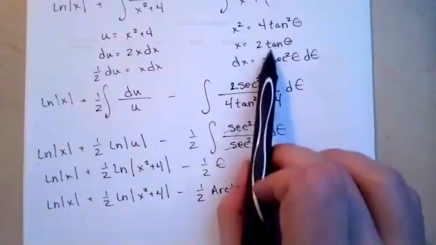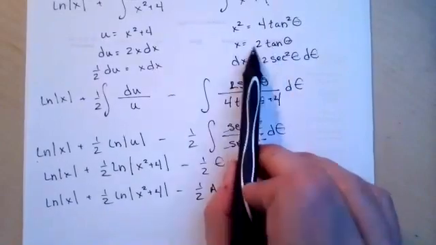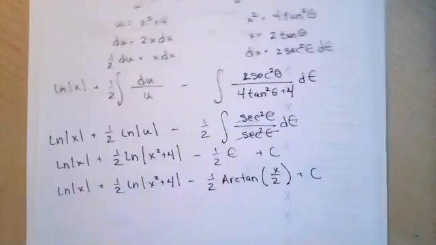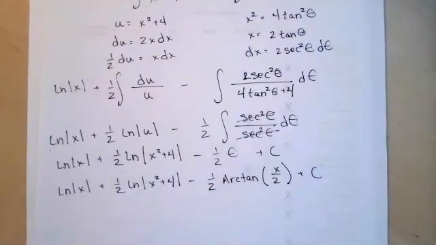So all I did was solve for theta from up here. Divide by 2, take arctan of both sides. Any questions?